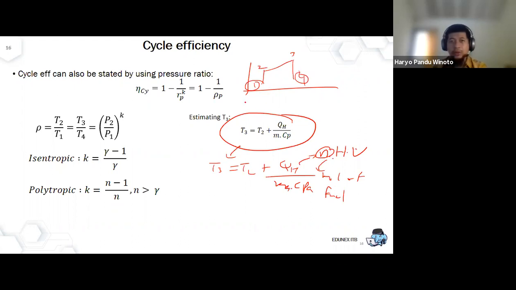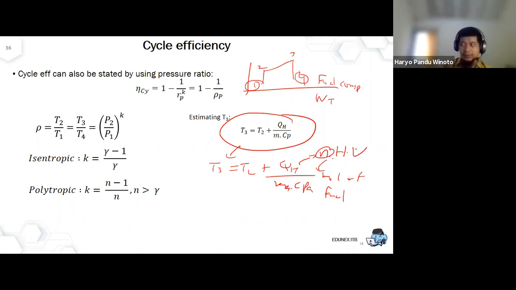Nobody wants to fix a thermocouple at the outlet of the compressor. There are a lot of moving parts, it's not good. We only know this data, and the fuel consumption, and then we know the work at the turbine. That's all. In real application, we only know those things.